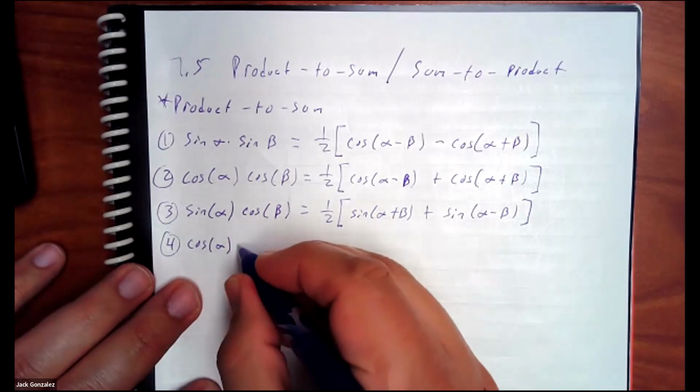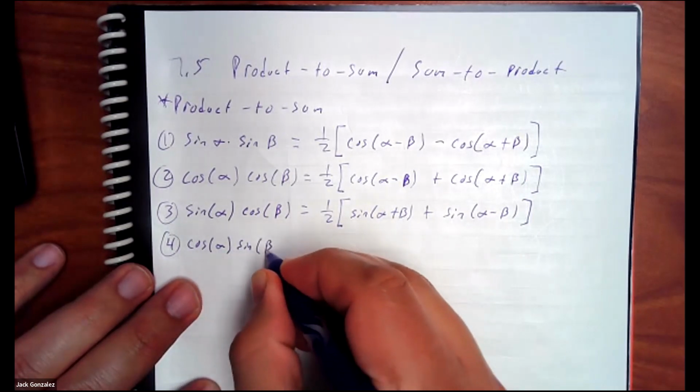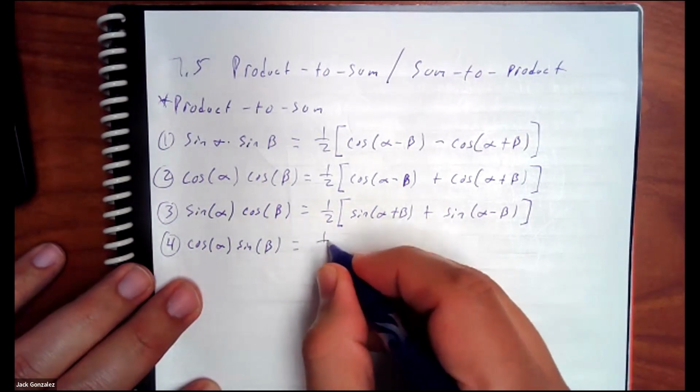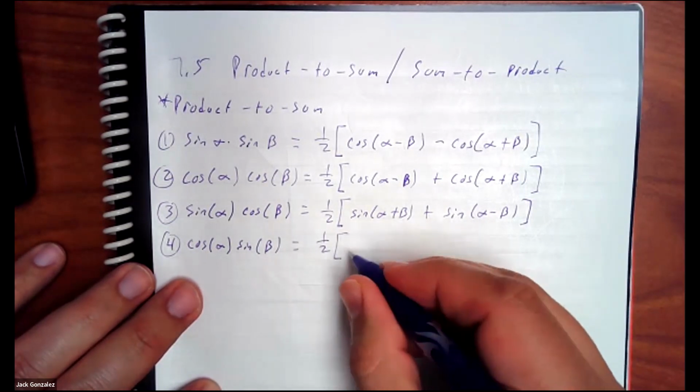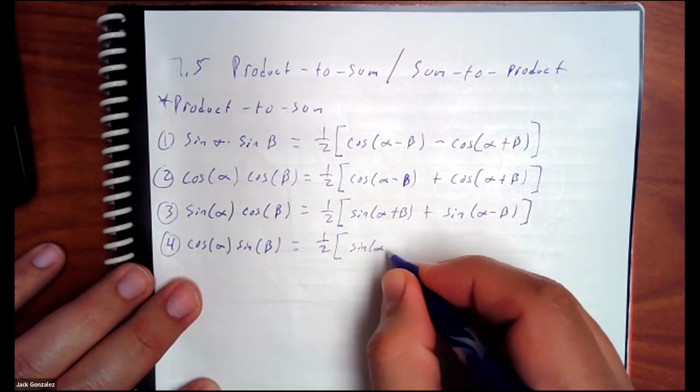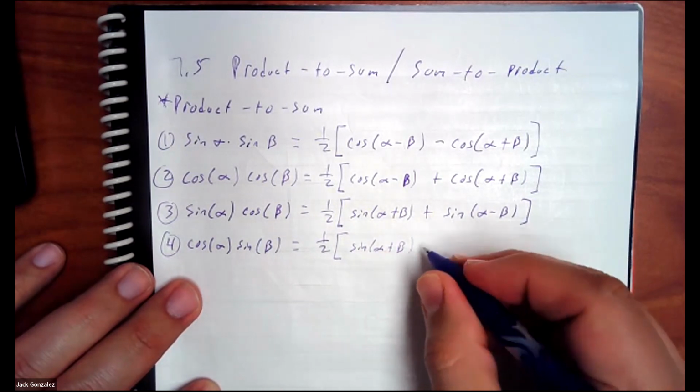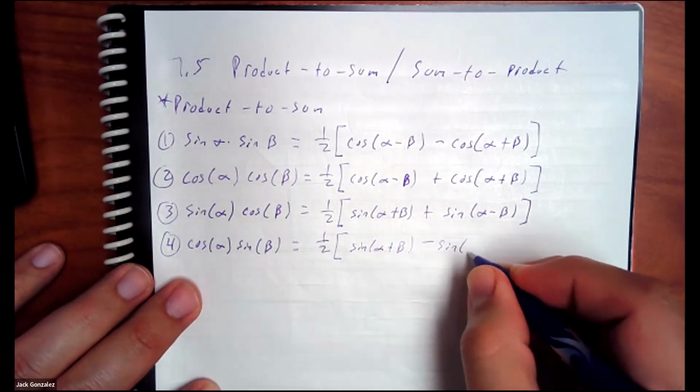Cosine alpha sine beta is equal to 1/2 sine alpha plus beta minus sine alpha minus beta.